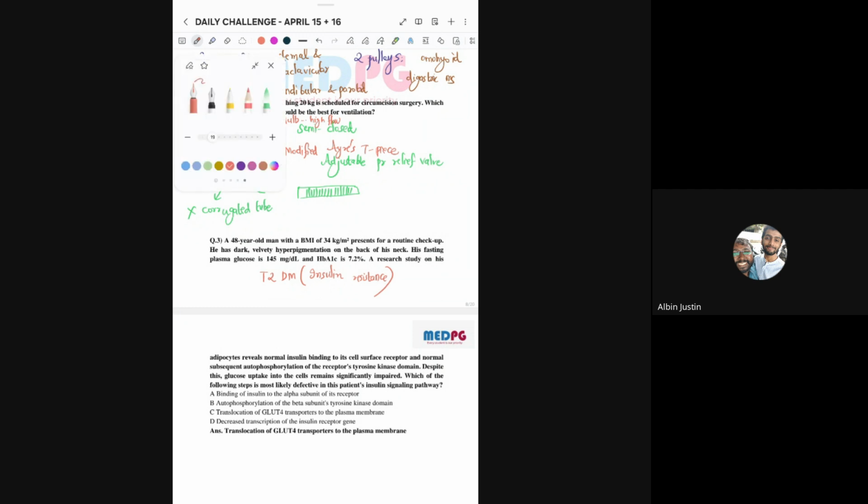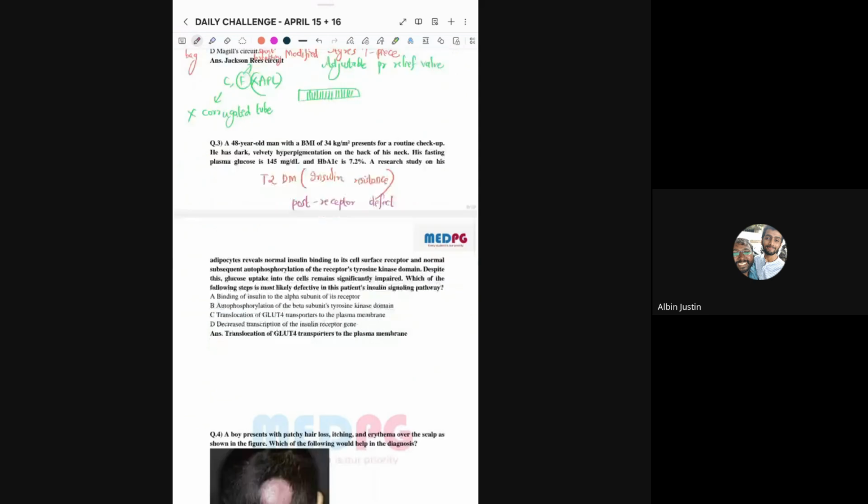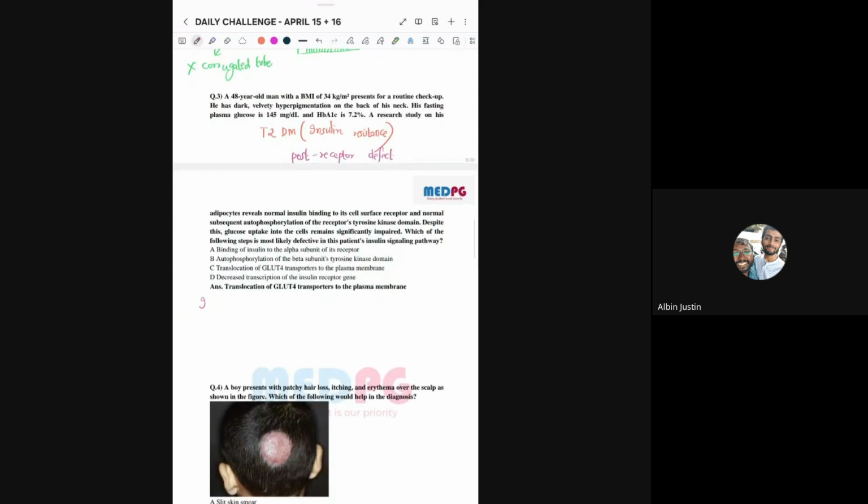And where will the defect be? The defect will be in the post-receptor. What happens normally? Normally, insulin binds to the receptor at the alpha subunit.